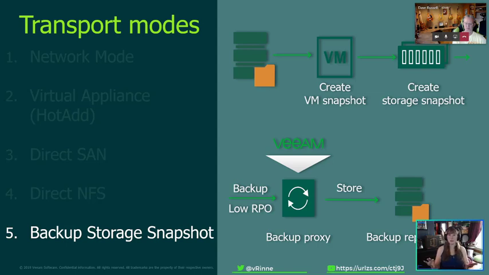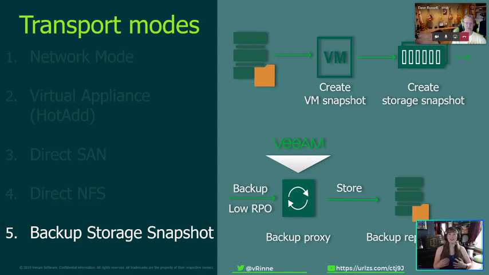That storage snapshot allows the VM to go back into a running state without that extra Delta file from the snapshot, meaning that we can pull all of those backup files from that storage snapshot, lessening the load on the VM and the overall infrastructure, and push it through that backup proxy.